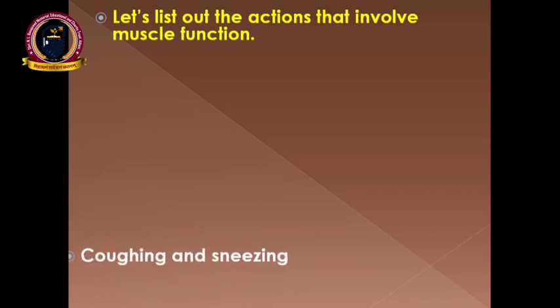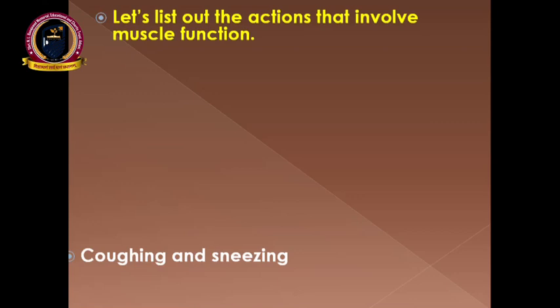Coughing and sneezing are also regulated by muscular contractions only. All of a sudden, we cough if some dust or some irritating particle enters into our respiratory tract or into the lungs.